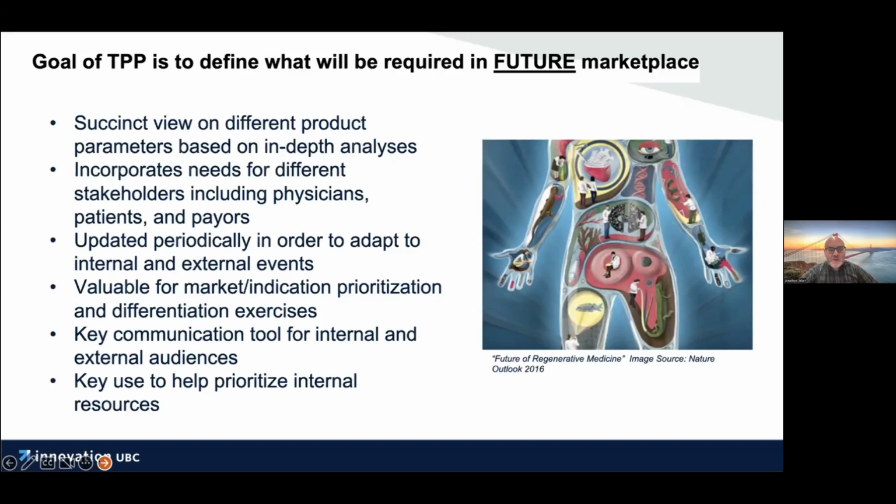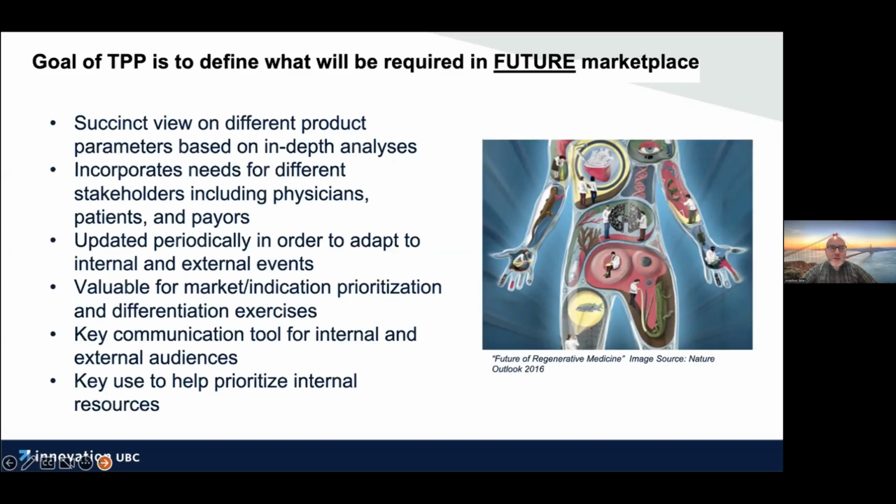And it's also very important as you need to develop sales forecasts. If your product is going to be first in class, best in class, what does that look like for that indication? Or if it's an improvement over a known compound, then there's going to be a different TPP.